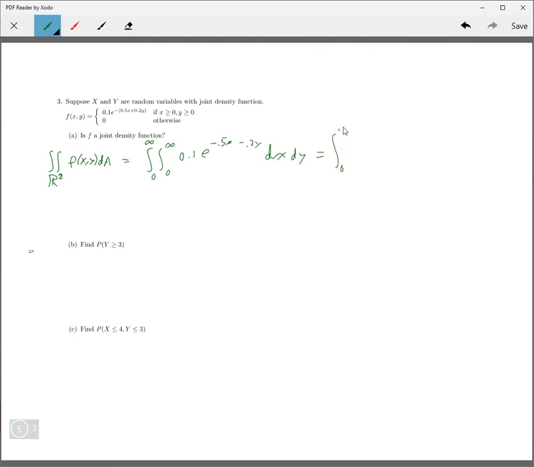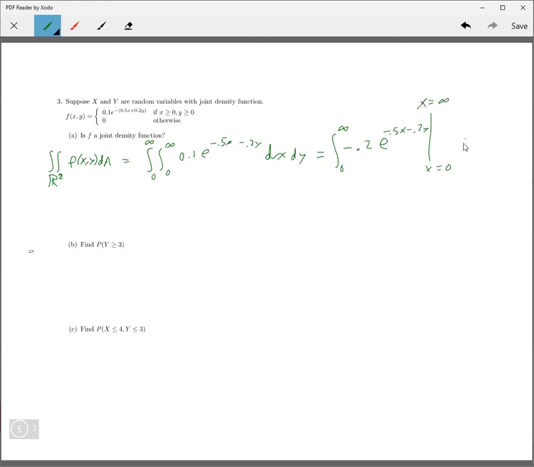So let's see. If we integrate this with respect to x, then we're going to get a negative 0.5 coming out, right? So 0.1 divided by 0.5 is 0.2. This can be negative 0.2 e to the negative 0.5x minus 0.2y, and that goes from x equals 0 up to infinity.